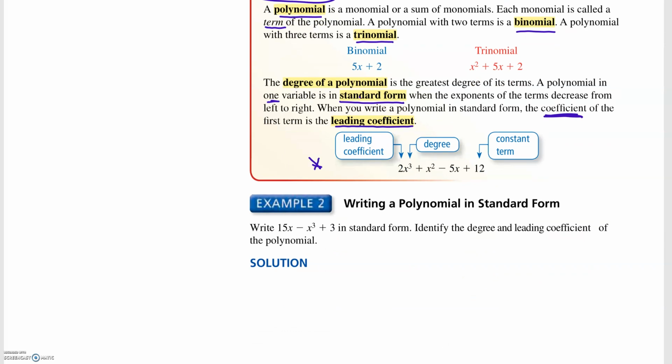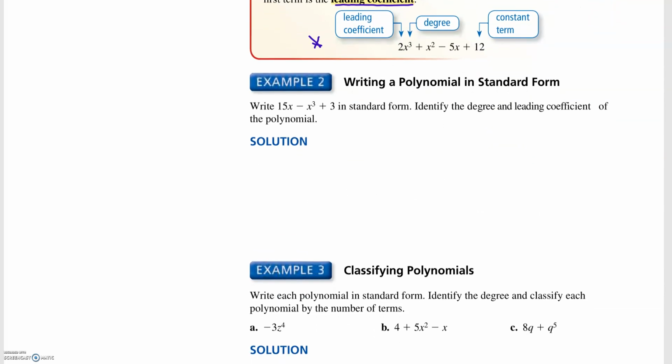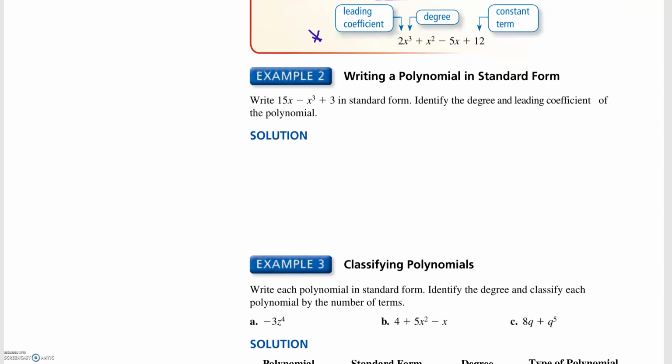We're going to look at an example of how to write a polynomial in standard form. We're going to identify the degree and the leading coefficient of that polynomial. So notice we have 15x to the first minus x to the third plus 3. If we're going to put it in standard form, we're going to switch the order so that we have the negative x to the third in front.